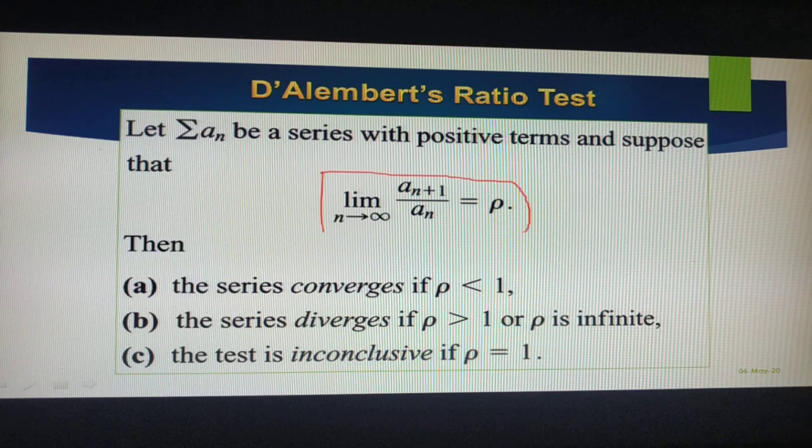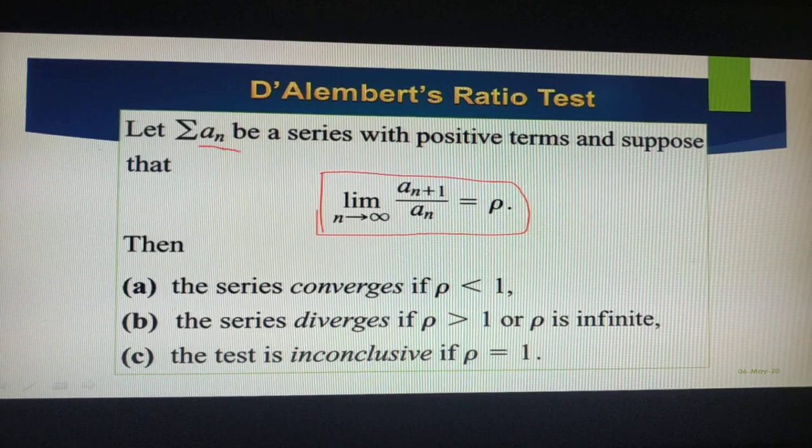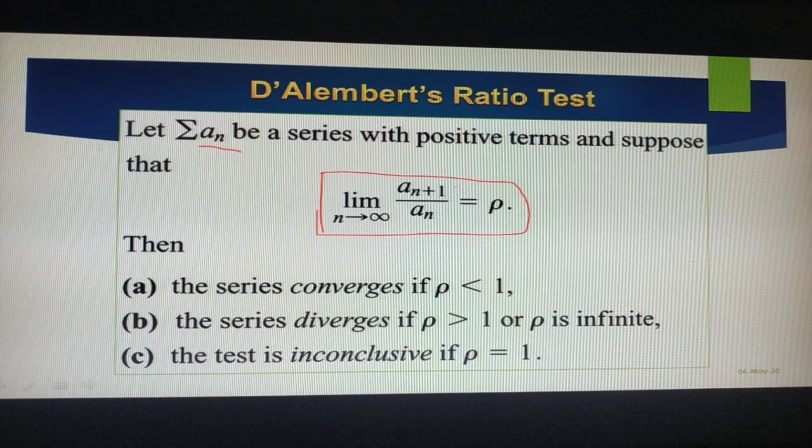What we are going to check this time: we have the nth term in our series, and we take the next term to the nth term. That is, we have an, the next term will be an plus 1, and we take its ratio, an plus 1 by an. After that we apply the limit n tends to infinity. In Cauchy's nth root test, we simply considered the nth term, an only, and took an whole to the power of 1 by n.